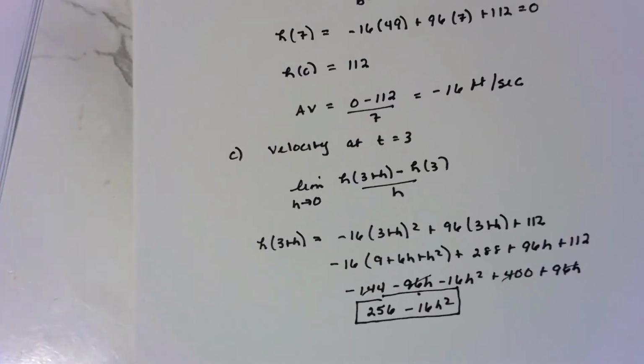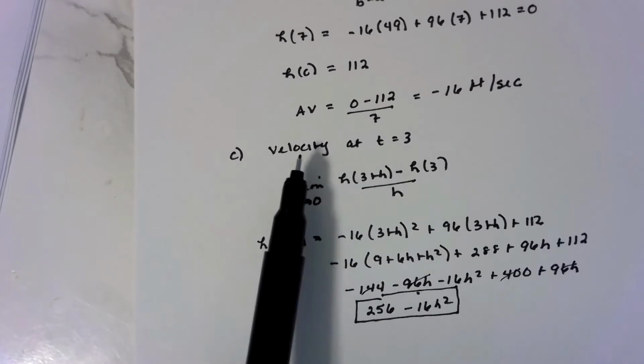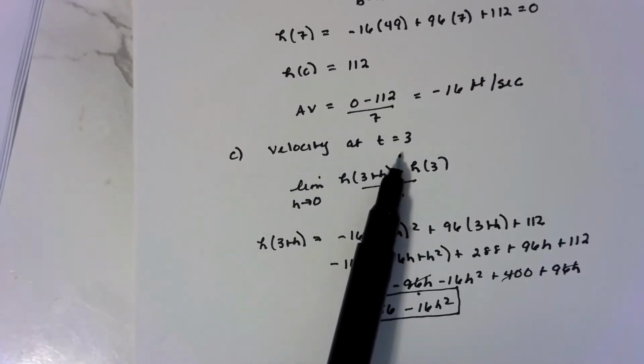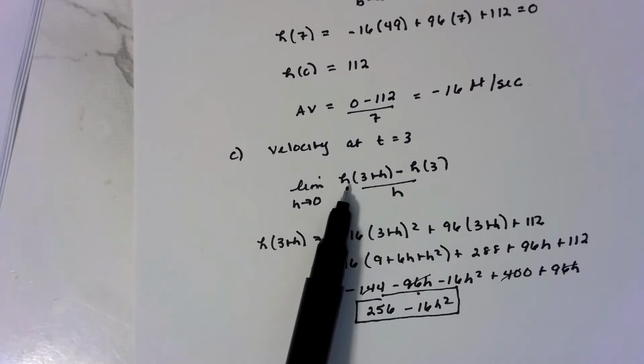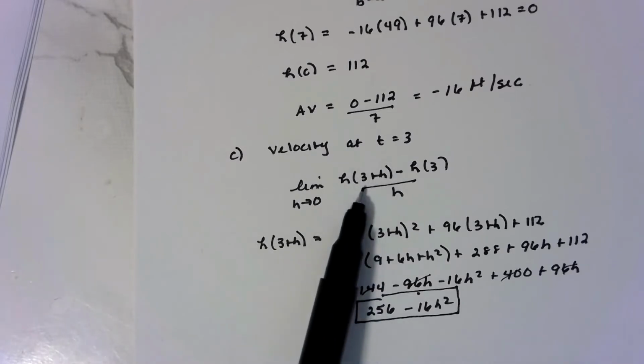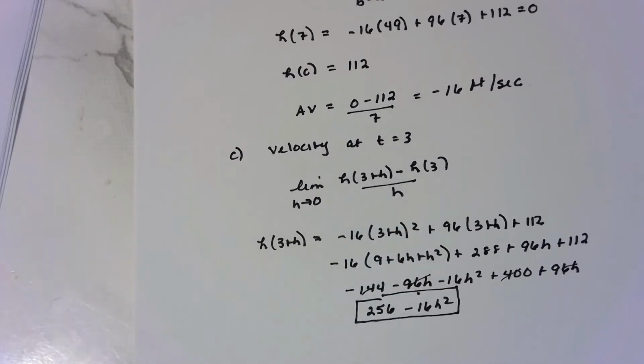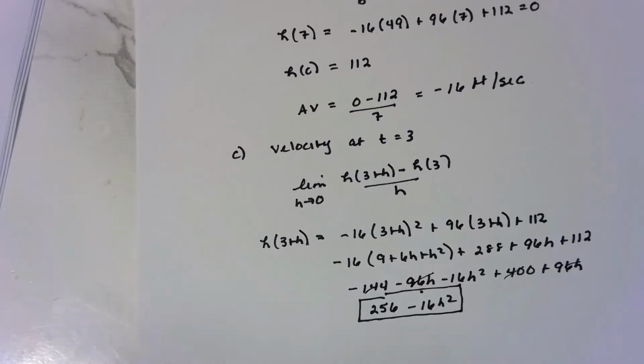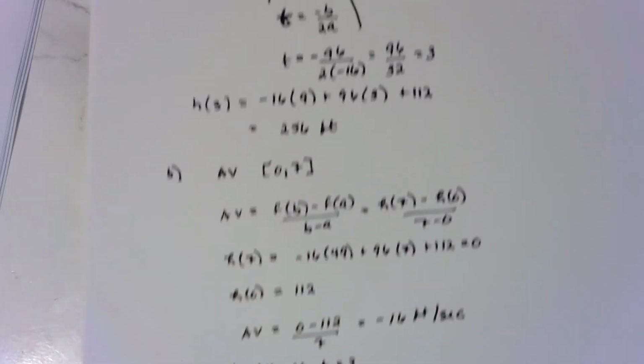Remember, I should have said it earlier, we're looking for the velocity at t equals 3. That means we're looking for the instantaneous rate of change, the slope of the tangent line, of the function h at the point where t is equal to 3. What is h of 3? Well, h of 3 I know just from the graph is 0.